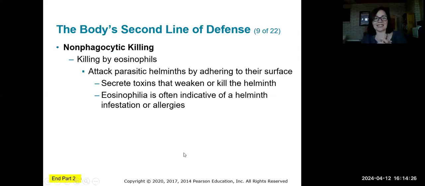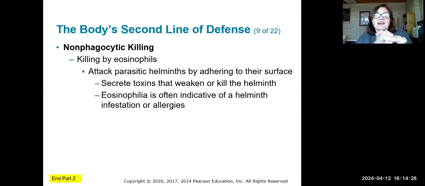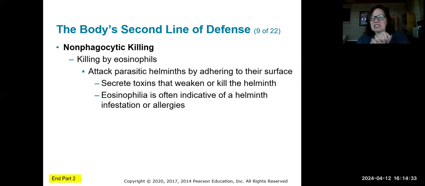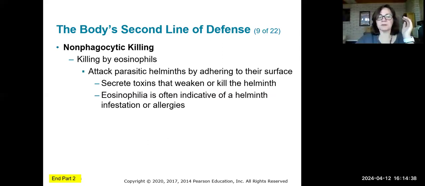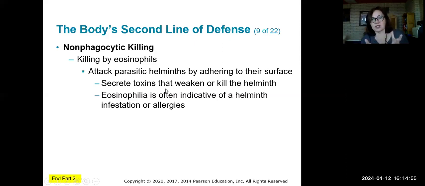And then finally, that last little bit, the non-phagocytic killing. So we have the eosinophils. Remember the eosinophils, the worm infections. They attack the parasitic worms, helminths, the technical term for these worms. They adhere to the surface of the worms, and clearly the helminth is a really large multicellular organism, and so the eosinophil secretes materials that are going to start weakening the helminth to kill it from the outside.